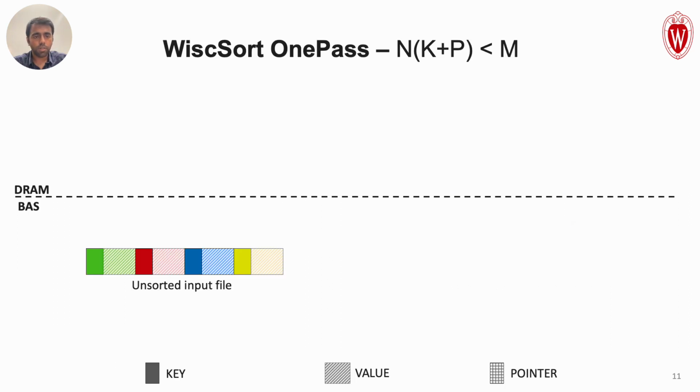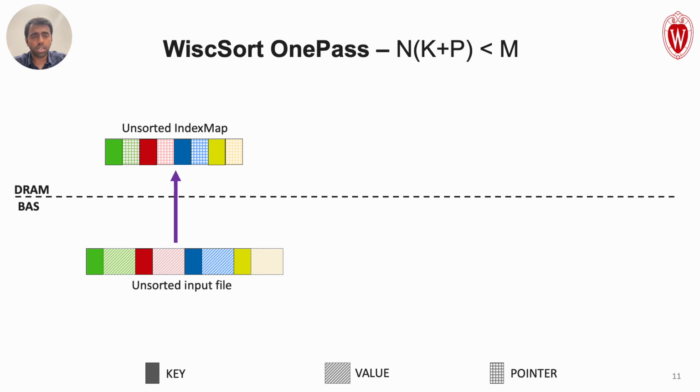Now let's put all of this together and see how WizSort one pass works. One pass is the version where the keys and the pointers of the entire unsorted input file fit into memory at once, thus avoiding the need for a merge phase and intermediate run file generation. So we first perform random key reads into the DRAM and maintain pointers that point to the values.